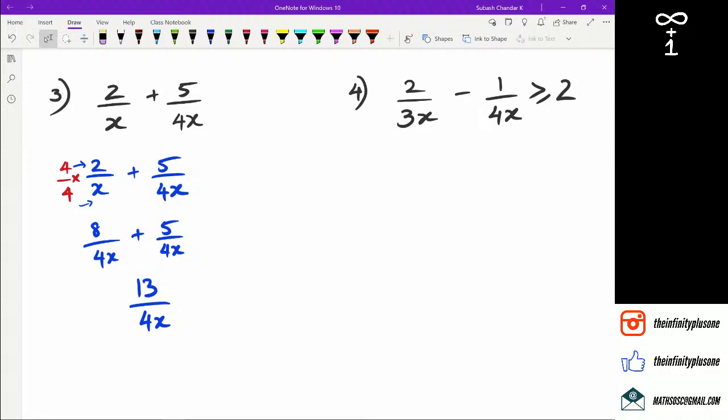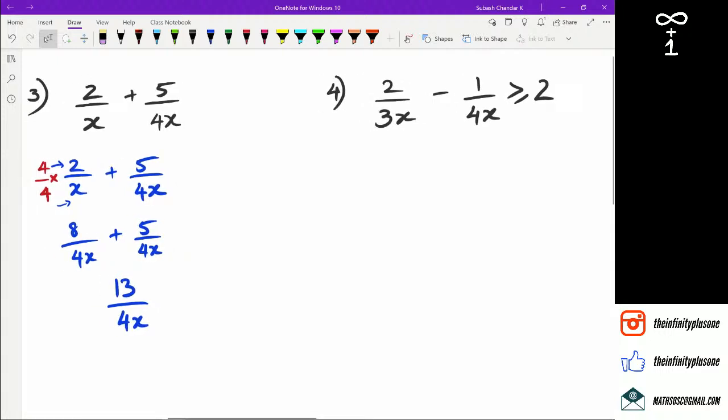Okay, let's go to number 4 then. Do you guys want to try number 4 and throw up some answers first, rather than me going through it? Let's try that. Let me give you guys a couple of minutes to have a go at it, mess around with it, see if you get the right answer or the wrong answer, and then I'll go through the answer.